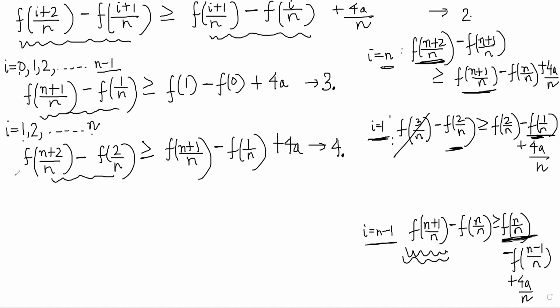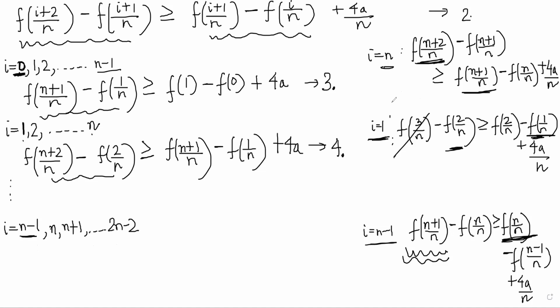This time, at the end, I'm going to take i from n minus 1 because I want n such inequalities. Here I started i from 0, here I started i from 1. I will keep doing this process, but now start i from n minus 1 till basically 2n minus 2. That will be n terms.